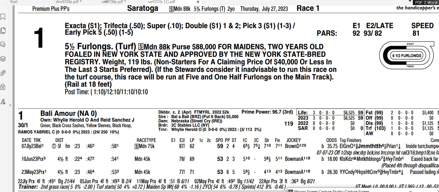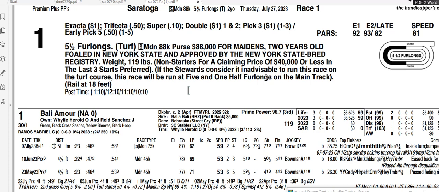The adjustments I make automatically if the race is on turf, and let me write this down, if the typewriter here will work with me. There we go.